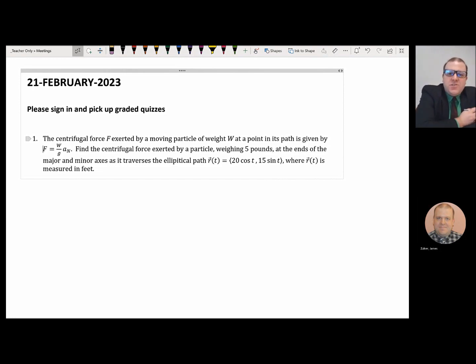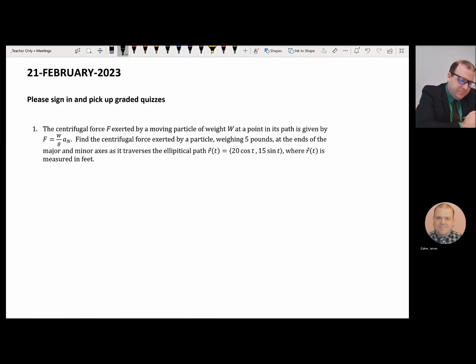Find the centrifugal force exerted by a particle weighing 5 pounds at the ends of the major and minor axes as it traverses the elliptical path r equals 20 cosine t, 15 sine t, where the magnitude of r is measured in feet. Well, I'm going to need a few things.